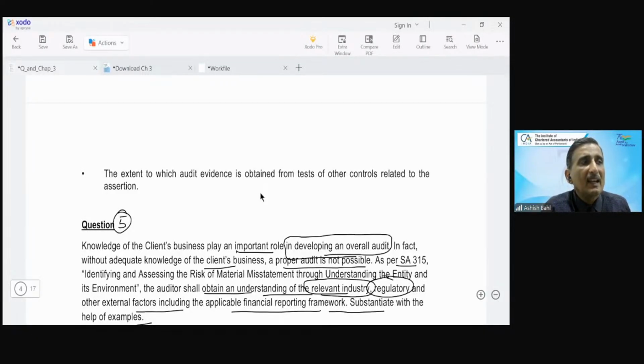Yes, Akshvanu, you are writing controls which are applied by the management. For the sake of understanding, it is correct. But if you have to write in exam, then how you are going to write it? Do you remember the exact meaning which is described in SA 315? Gurmeet, you are also correct. From the point of view of understanding, you both are correct.